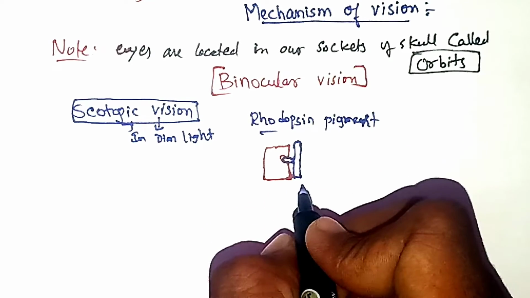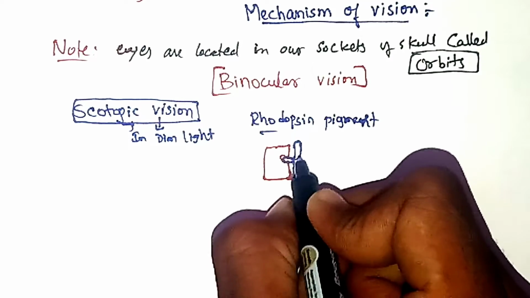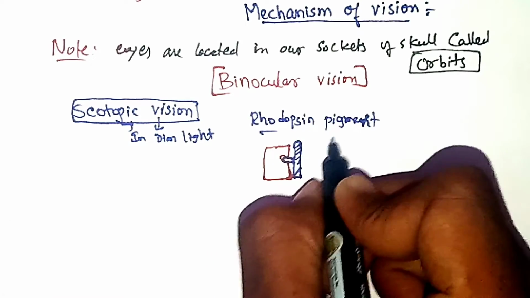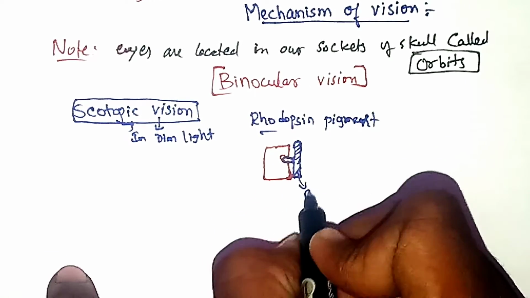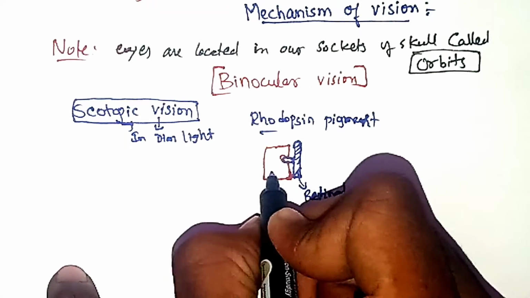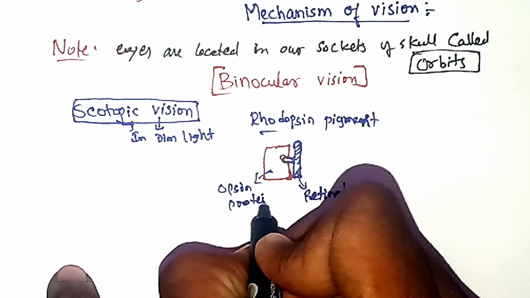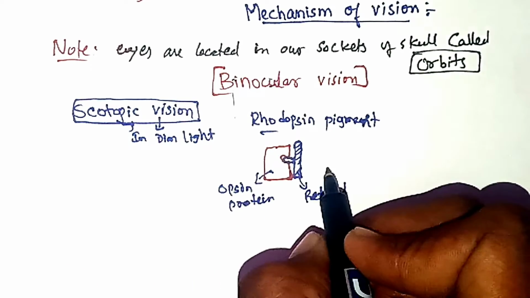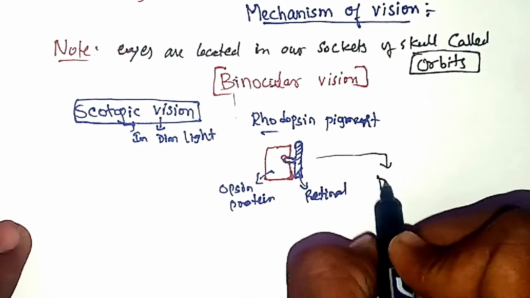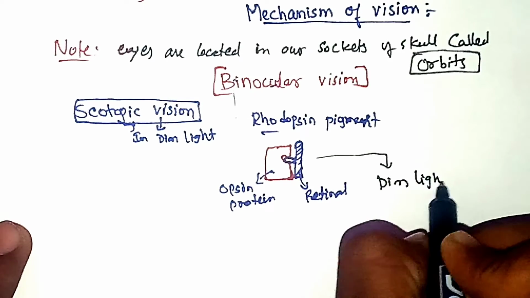I told you before also, rhodopsin pigment is made up of retinol and opsin protein. Now what happens when light comes?